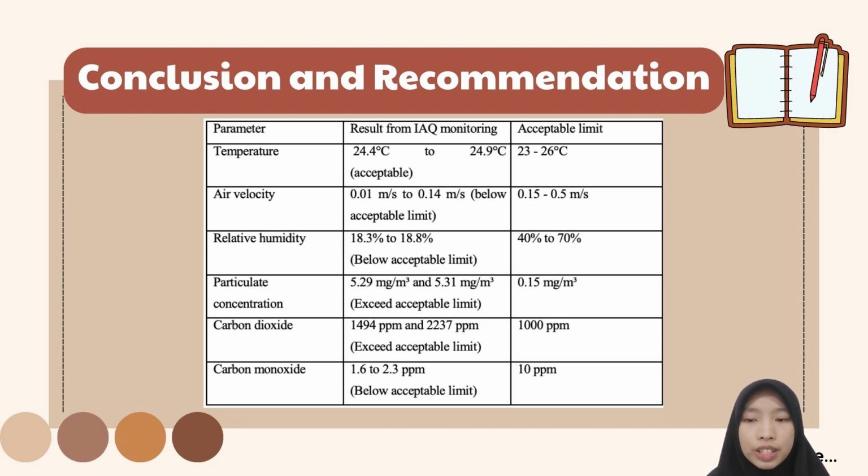Then carbon dioxide, with its value between 1494 parts per million and 2237 parts per million, has exceeded the acceptable limit of 1000 parts per million, and carbon monoxide is only in the range of 1.6 to 2.6 parts per million, below 10 parts per million, which is the acceptable range.